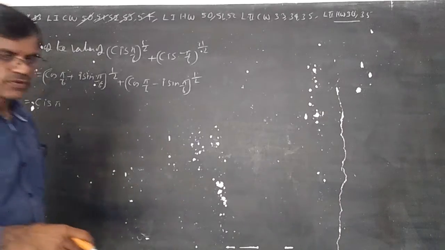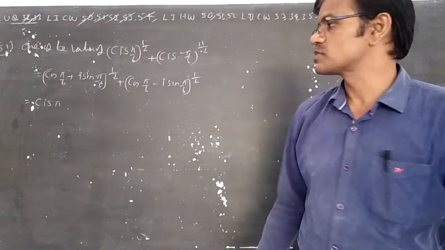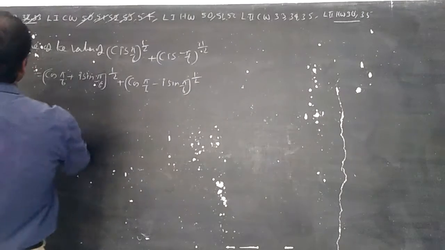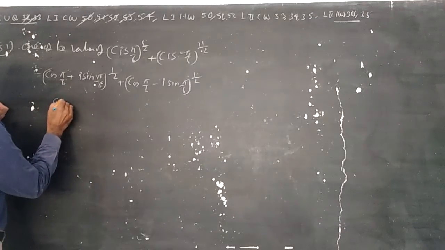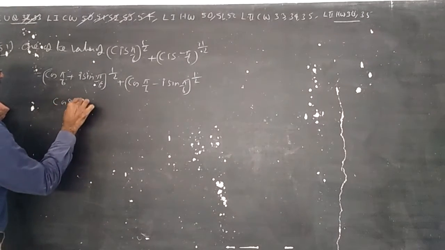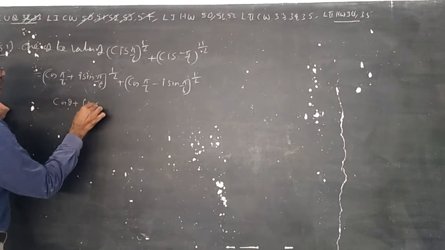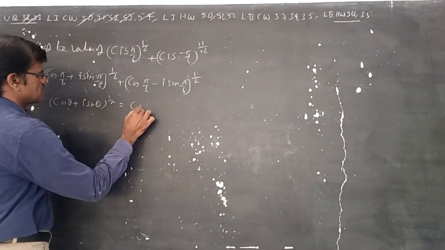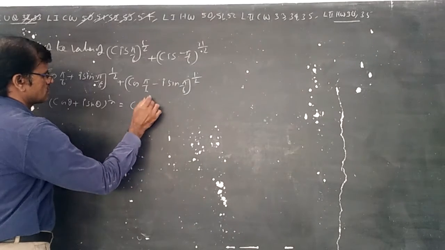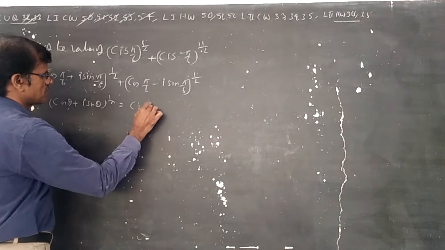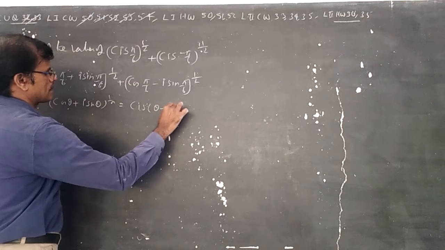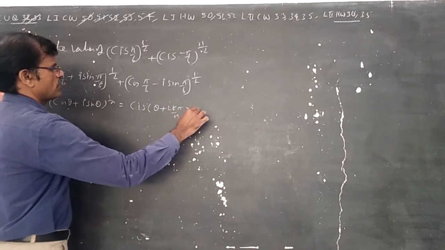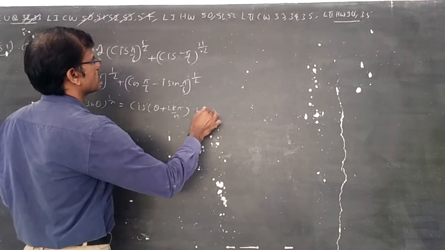Let us use the formula: (cos theta plus i sin theta) whole power 1 by n is equal to cis of theta plus 2k pi by n, where k is equal to 0, 1.